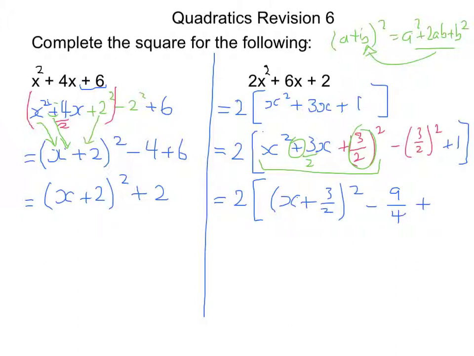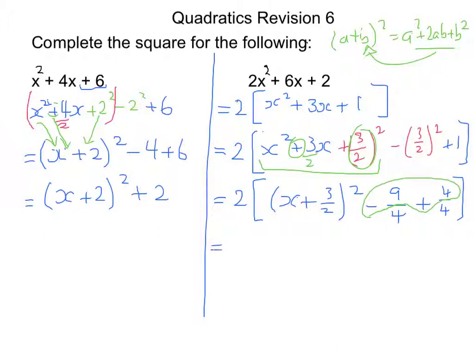Because we need to simplify these fractions at the end, dealing with fractions, I want to have them all with a common denominator. So 1 written as a fraction over 4 will be equal to 4 over 4. Now to simplify these fractions at the end here, they've got the common denominator, so we just deal with the maths on the top.